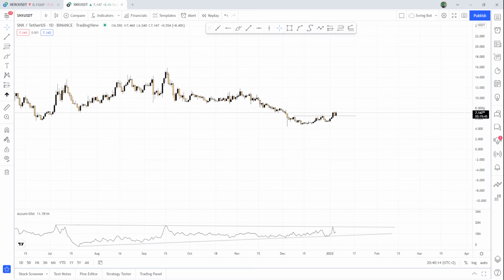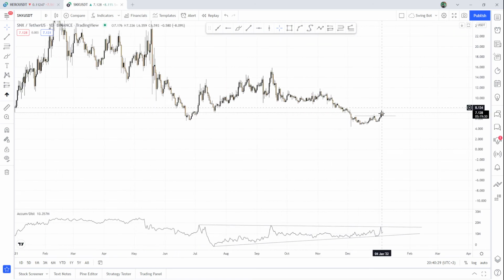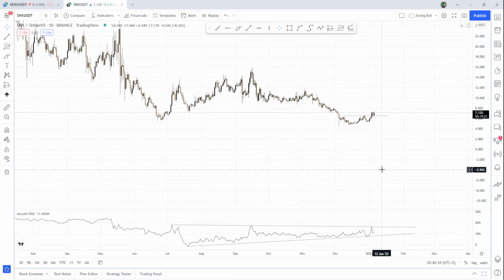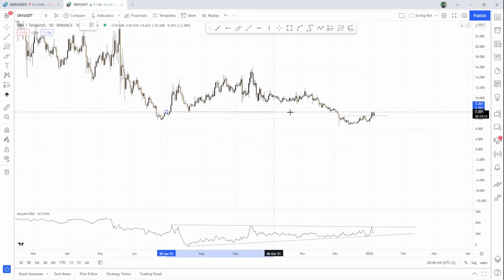If you see this candle here, okay, it had a retest, and the next candle is positive. Okay, so maybe most people will enter this long, but actually the accumulation and distribution tells us that it didn't break the important resistance, which actually is this one, and I'm gonna show you.